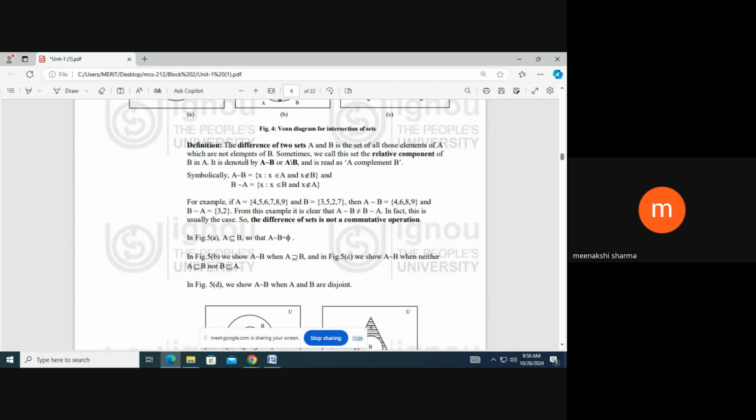And there is the difference of two sets. Difference means minus. Read this definition, then I will explain this.